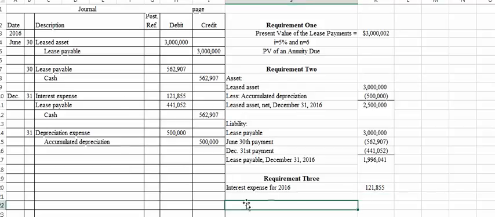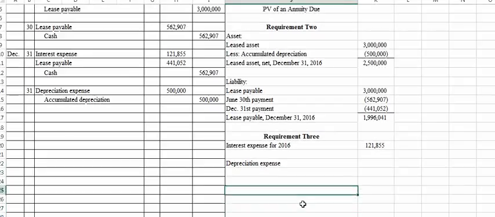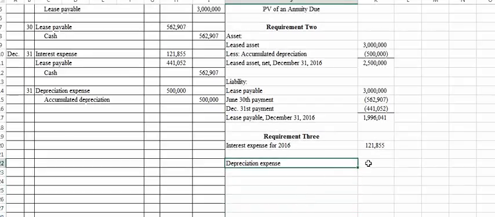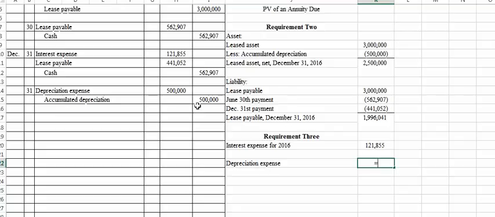And then the other expense would be depreciation expense, which comes from here. And there's your answer for depreciation expense for 2016.